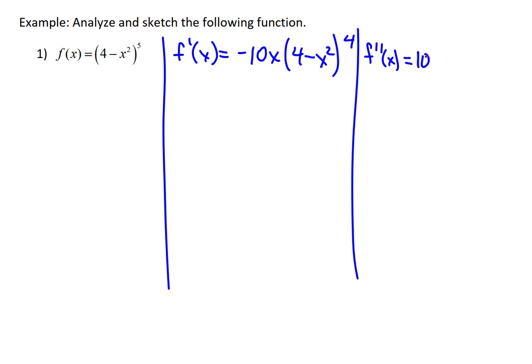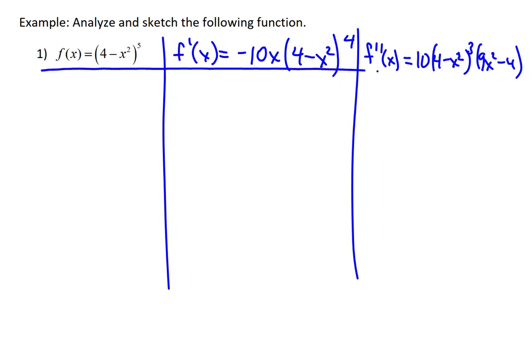And similarly, that simplified derivative will be 10 times 4 minus x squared in parentheses to the third power times 9x squared minus 4. Again, that's already simplified using the chain rule as applicable. Now, we want to go through, as we noted above, each one of these functions and use them to find what they're good for, which we've listed.